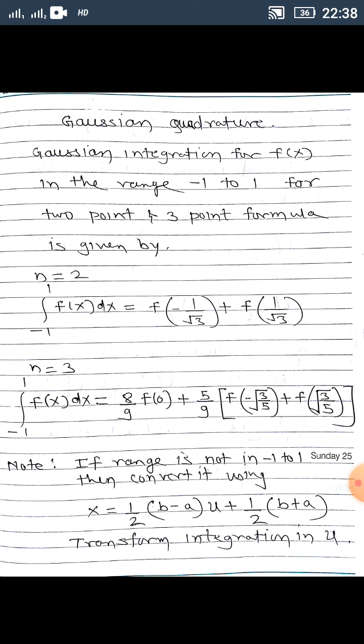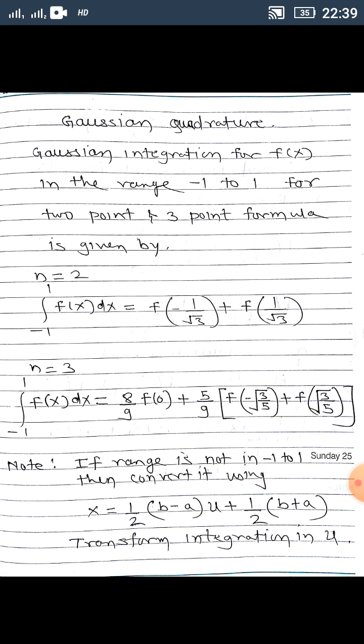For n is equal to 3, the 3 point formula is integral from -1 to 1 of f of x dx is equal to 8 by 9 f of 0 plus 5 by 9 [f of minus root 3 by 5 plus f of root 3 by 5]. Note, if the range is not -1 to 1, then convert it using the relation x is equal to 1 by 2 (b minus a)u plus 1 by 2 (b plus a).